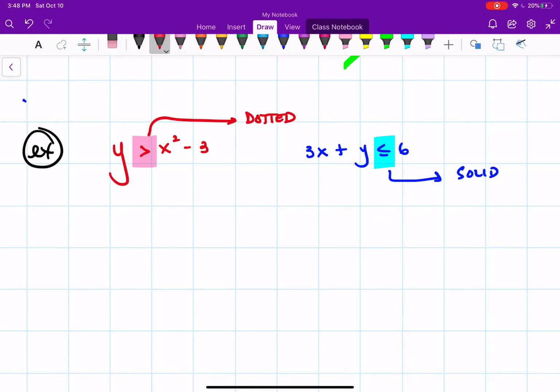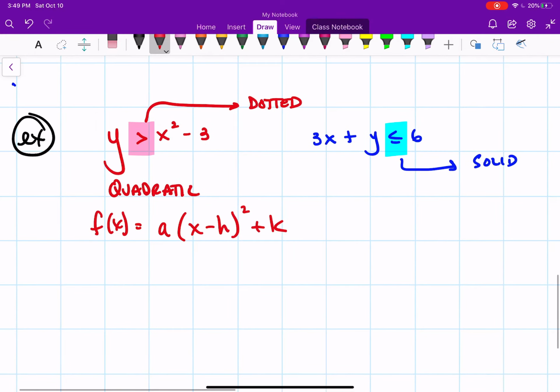All right, so I know there's a parabola or a quadratic, right? I know about f of x is equal to a times x minus h squared plus k, right? Okay. So I know that this is going to be a smiley face because a is 1, right?